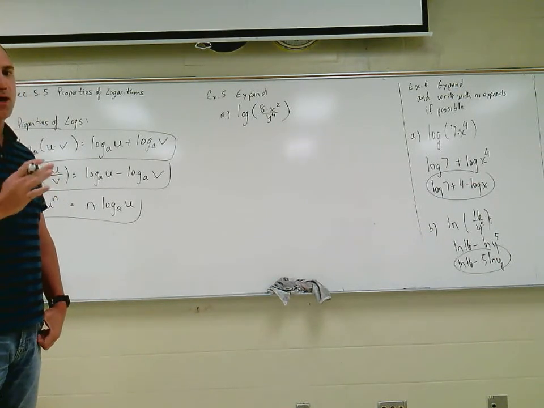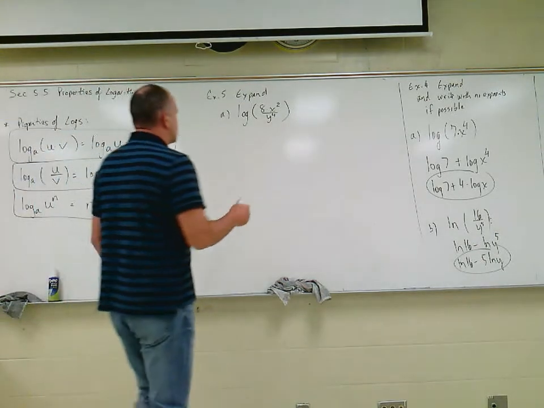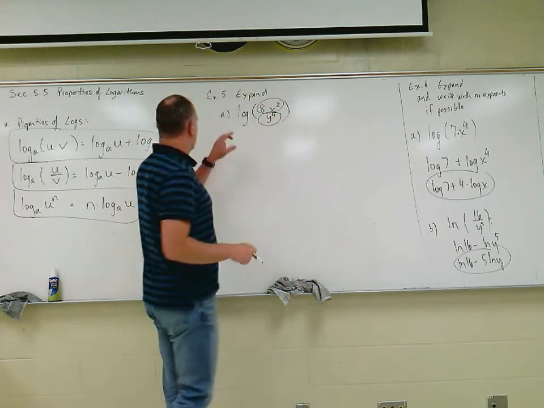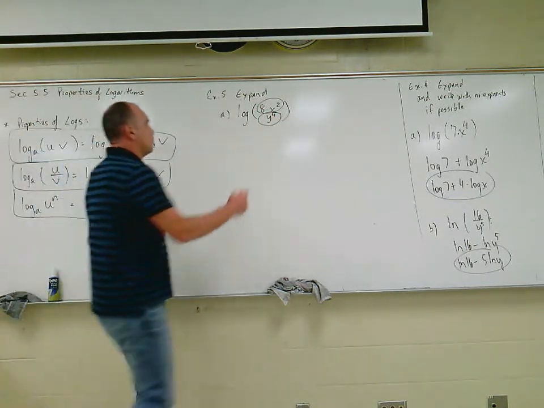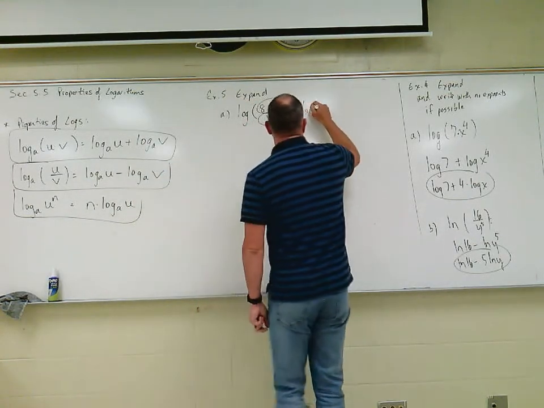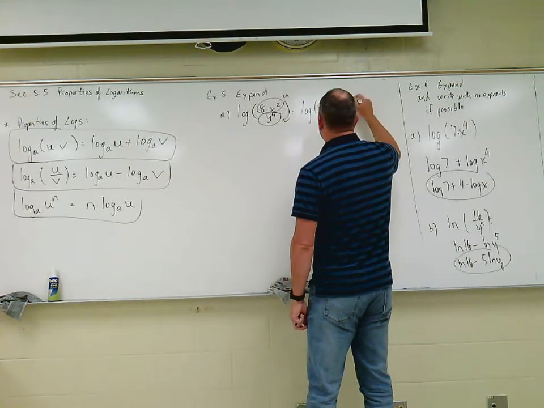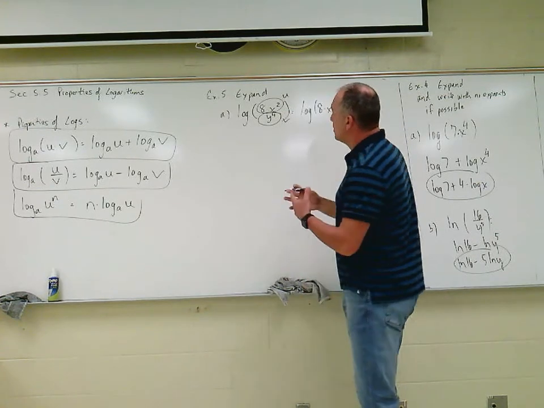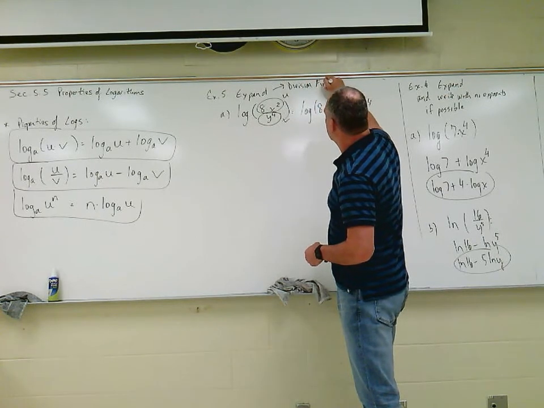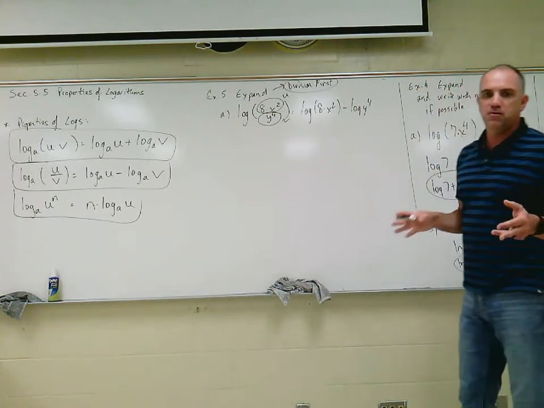Anytime I have division in a log, I automatically split it as 2 logs of subtraction. The whole top is like the u and the whole bottom is like the v. So I can write this as log of 8 times x squared minus log of y to the fourth. If I'm expanding and I have division, always do division first. If you have division and multiplication, get rid of the division first.